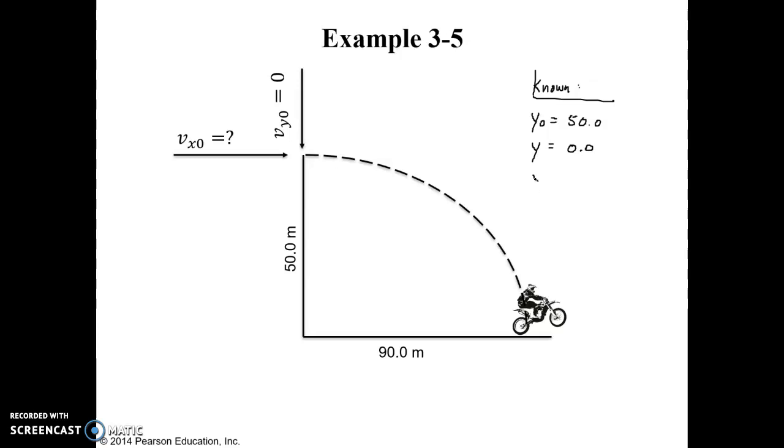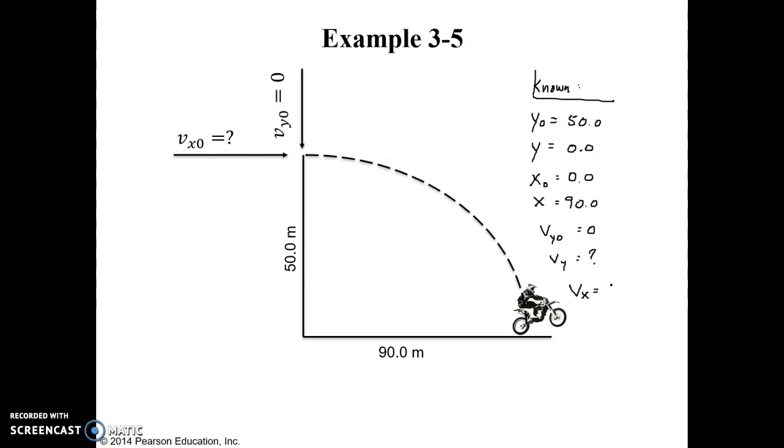What else do we know? We know the initial x position is, we'll call that 0, and the final x position is 90.0, because he's going to end up 90 meters away from where he starts. We know that the initial y velocity is 0. Final y velocity, we don't know. Just before he hits the ground, how fast will he be traveling in the downward direction, we don't know.